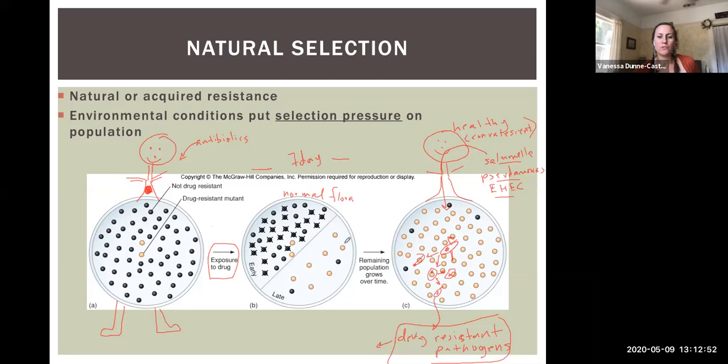Of course, this can be true of pathogens too. So if there are pathogens that are drug resistant, and this is the population of pathogens in your gut or in your body during an infectious disease, you expose that pathogenic population, you still would be doing the same thing. The exposure to drug would select for organisms that are best adapted to that changing environment, same concept.